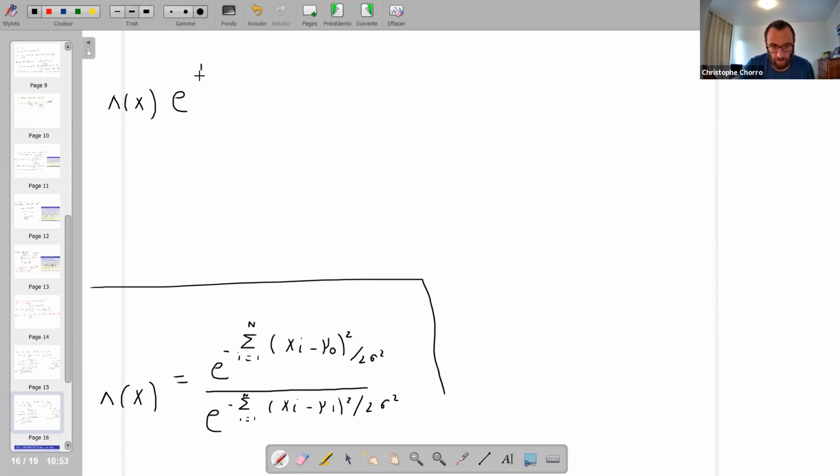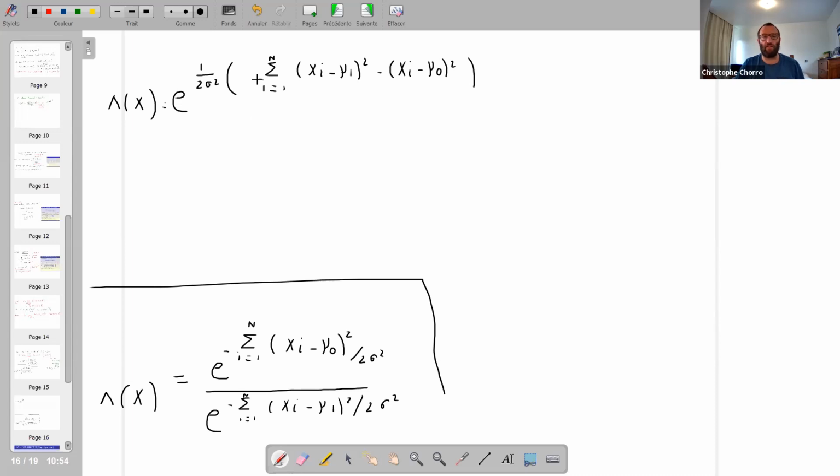I can put 1 over 2 sigma square here, to have inside the sum from i equal to 1 to capital N of this term, where I have a plus, if I make it in the numerator: (xi minus mu 1) square minus (xi minus mu 0) square.